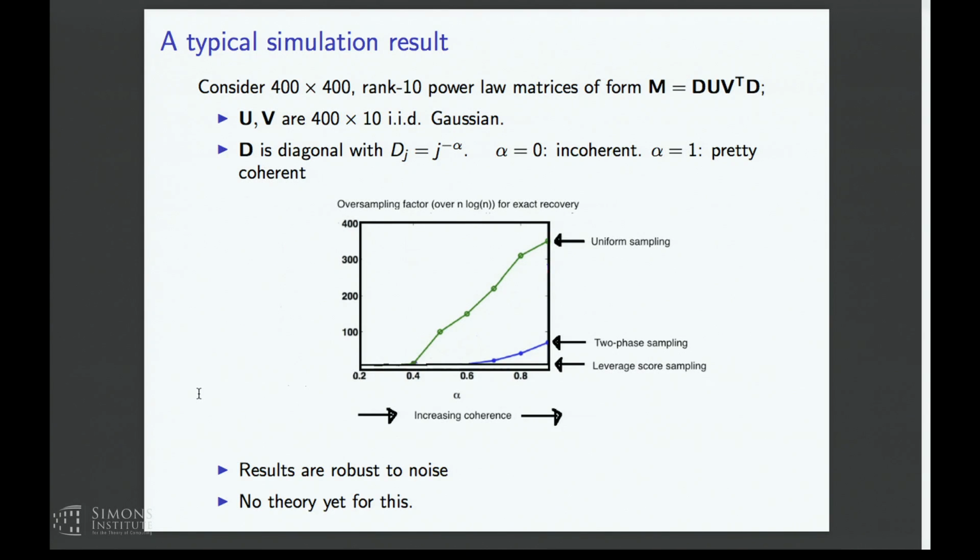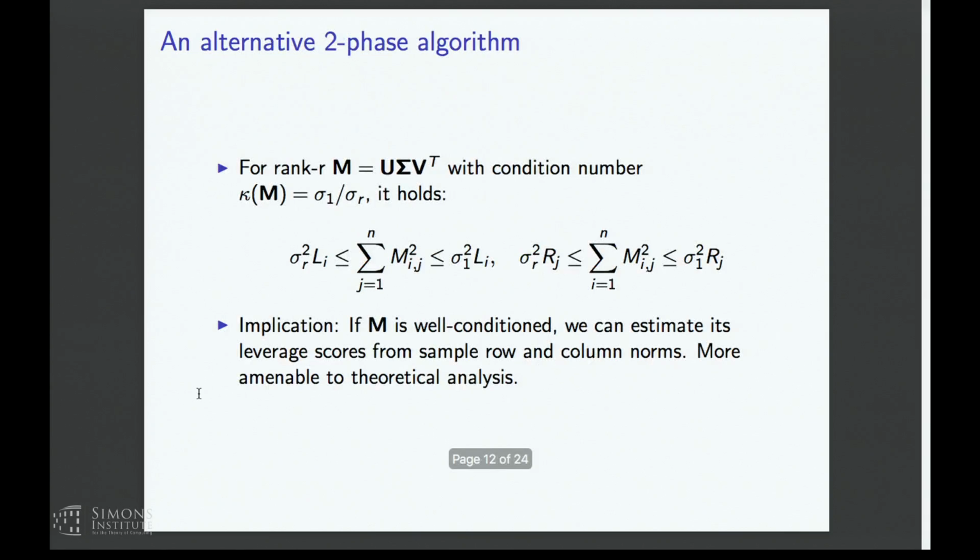All of the results in the literature we found on how good estimates of leverage scores you can get of a matrix from its samples, none of those results were strong enough to prove that this could lead to smaller sample complexity than uniform sampling. But then we remembered, for matrix completion, we don't need to estimate all the leverage scores, just the large ones.